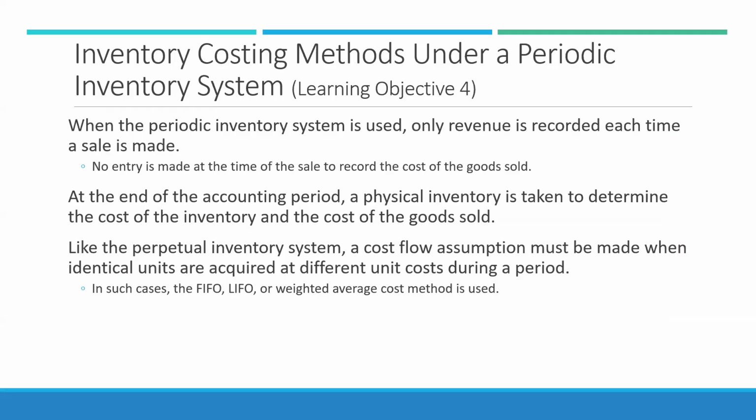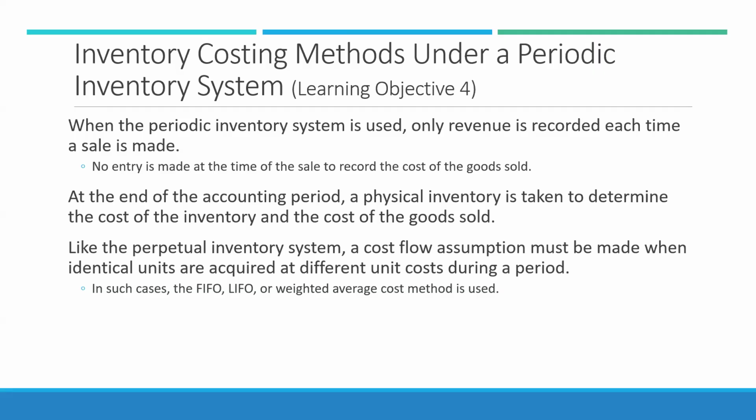Under the periodic system, remember, no cost of goods sold entries are made throughout the period. And at the end of the period, there's a physical inventory count, and then we calculate what the cost of goods sold should have been to arrive at that ending inventory.